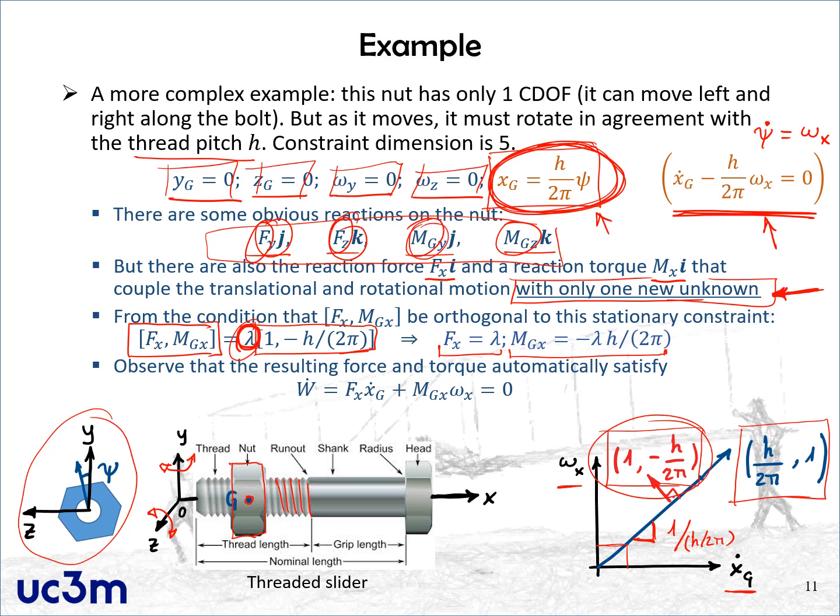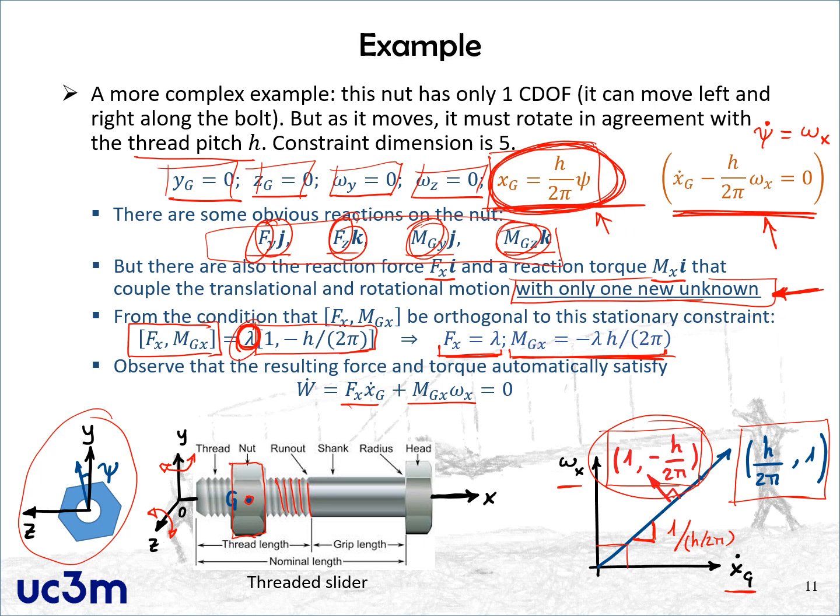Same for this and this and this, as we have seen in the previous examples. The interesting bit is the one associated to the last equation here. So if you want to represent the power associated to this last equation, you have to consider all the reactions associated to this last equation, which are fx and mx, and multiply them by the corresponding velocities. So here they are.